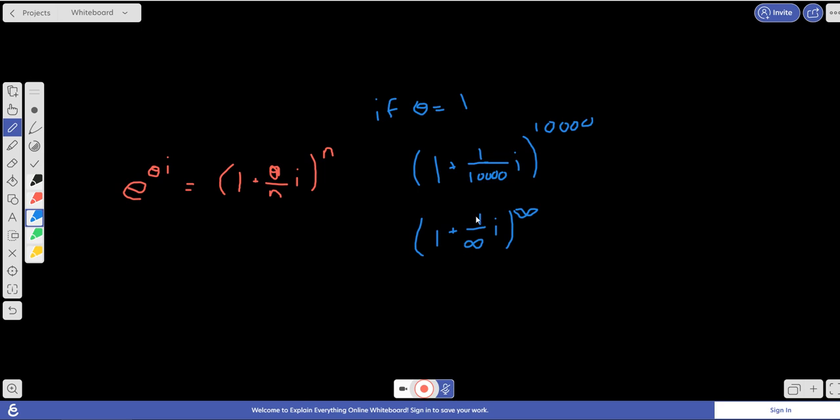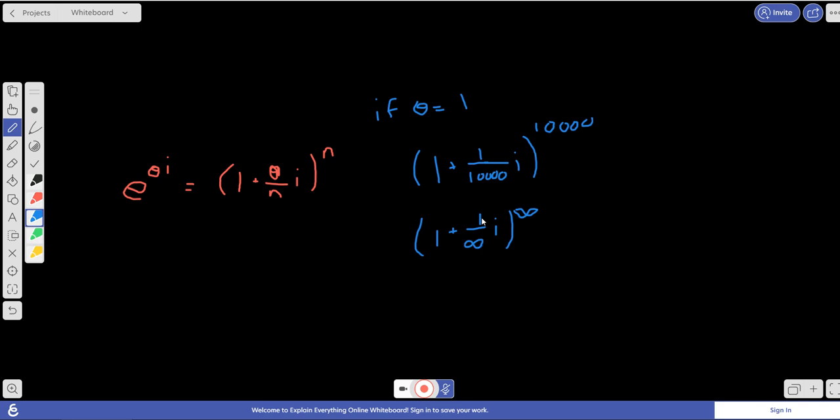And this basically approaches 1. As n gets bigger, this approaches 1. So it's basically on the unit circle. And we're raising that complex number to a power, and it's going to stay on that unit circle.